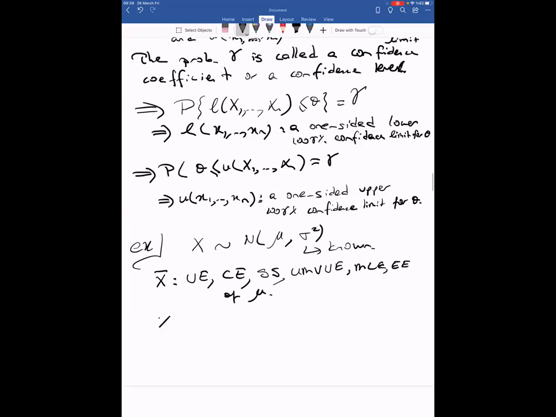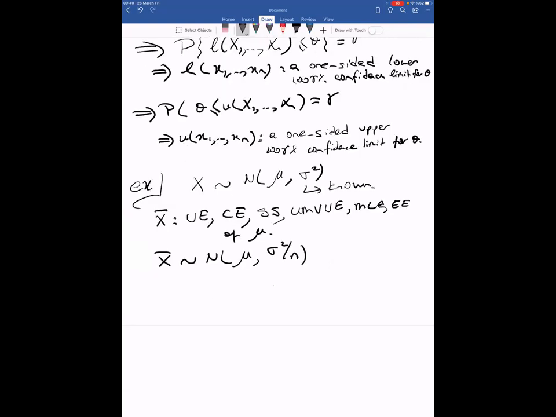So we know the distribution of x bar for normal: mean mu and variance sigma square over n. I hope you remember it. Then we want to generate a confidence interval for mu. So we have to consider x bar and create a pivotal quantity. Here mu is a location parameter, so the distribution is free of mu, and we can construct the confidence interval easily.